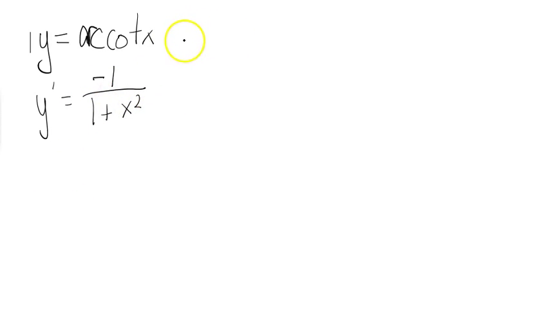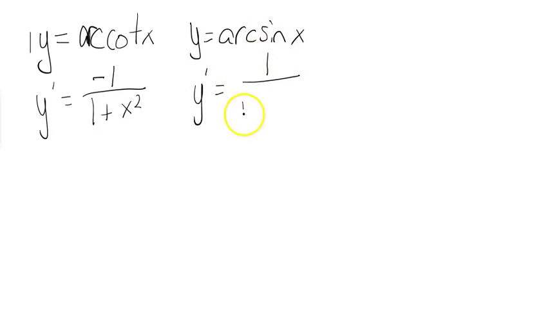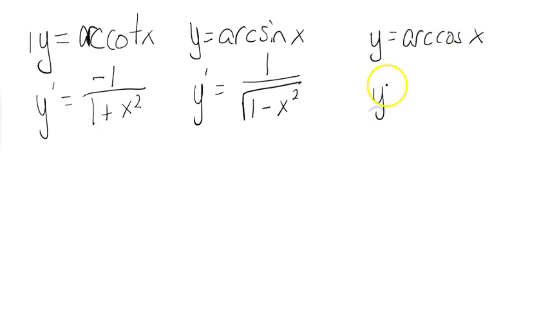Okay, what about arcsine? Yes, 1 over the square root of 1 minus x squared. What about arccosine? Yeah, arcsine and arccosine are the ones that are kind of paired together. So if this one's positive, this one's negative. Okay.